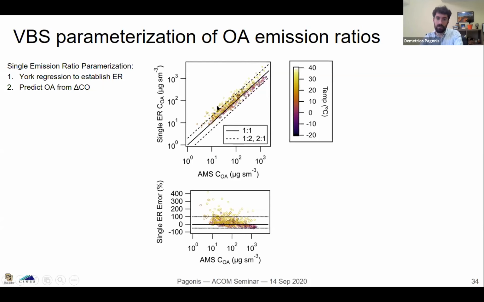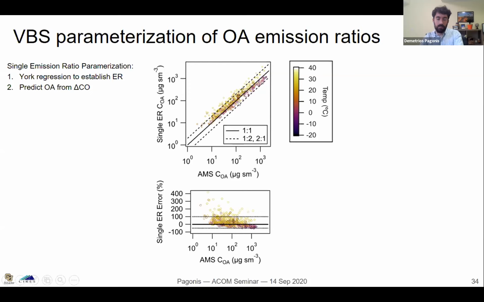That's what I'm showing you here with points colored by temperature. The predicted OA is generally agreeing with the measured OA in this plot within about a factor of 2. But if you really look at the residuals, you can see a couple of different biases showing up here.